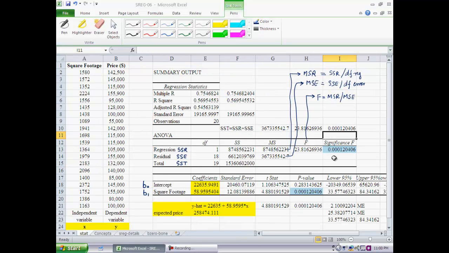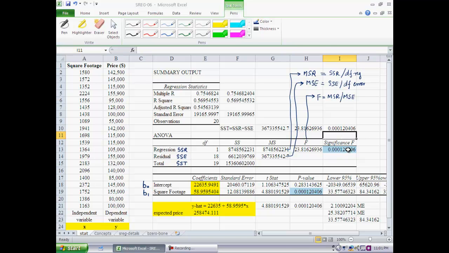So I very confidently reject the null and say that the regression is statistically significant, meaning the slope that I obtained from the sample of 20 houses enables me to conclude with a fairly high degree of certainty that the regression is significant, meaning the true slope of the line associating square footage with price is indeed different from 0. I will make that call with a very high degree of certainty.